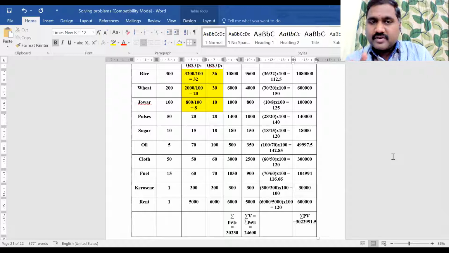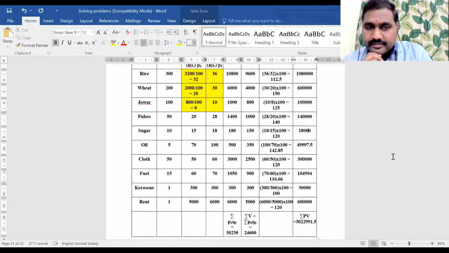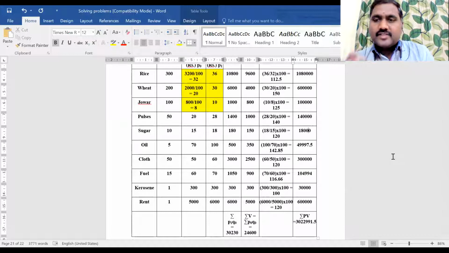Otherwise, I will tell you. First value is 10,80,000. Next one is 60 lakhs. Next one is 6 lakhs. Next one is 1 lakh. Next one is 1,40,000. Next one is 18,000.